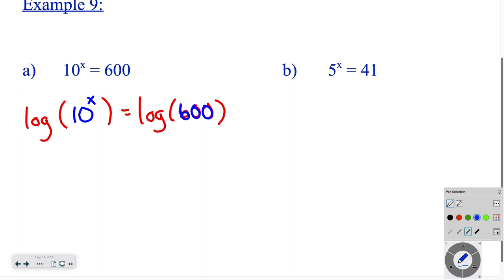One thing that we have to remember when we're using the common log is that the common log is in base 10, and we don't write 10 in the subscript there, right?